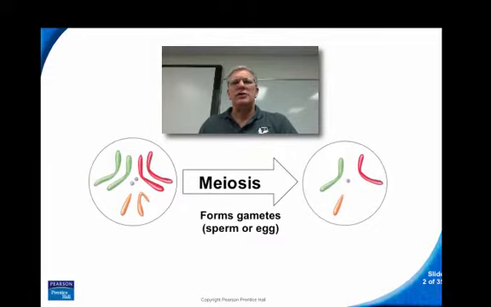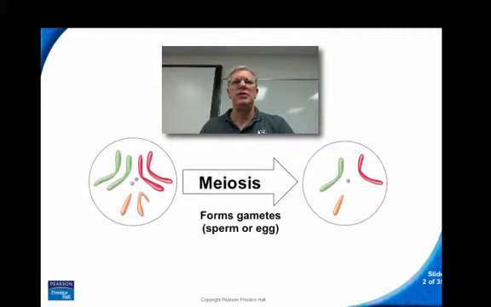Now, in meiosis, we're going to see what's known as a reduction division. In organisms that reproduce sexually, the chromosome number has to be reduced in half so that when, for instance, sperm and egg unite, we're not resulting in a doubling of the chromosome number.